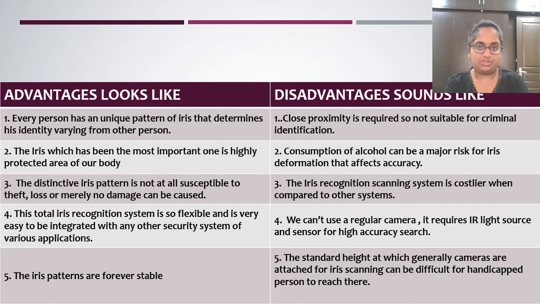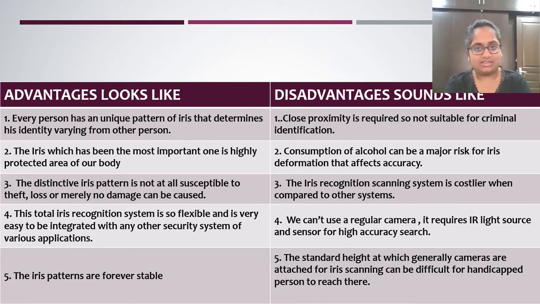And the fourth advantage is that the iris recognition system is very flexible because it can be integrated very easily into any other security system of any application, device or organization. Fifth, the iris pattern has the most stability when compared to all other biometric modalities.